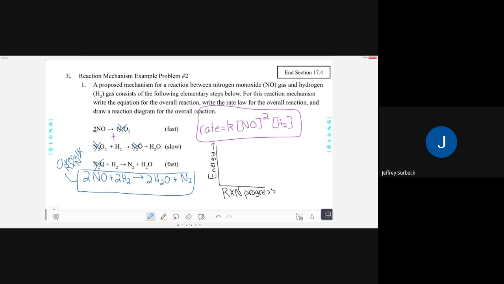The middle one. There we go. So hill, little hill, huge hill for our large activation energy, and then another little hill for that fast step. Biggest amount of energy, or highest activation energy, is our slowest step. Any questions? Okay.